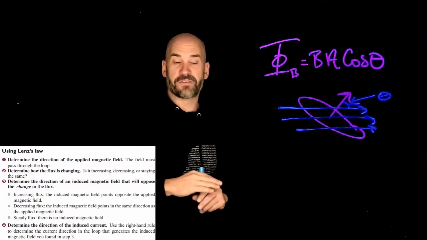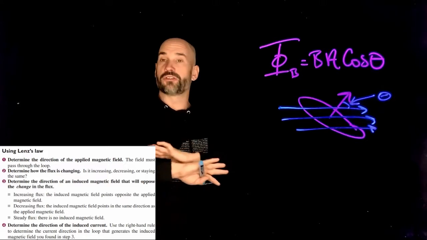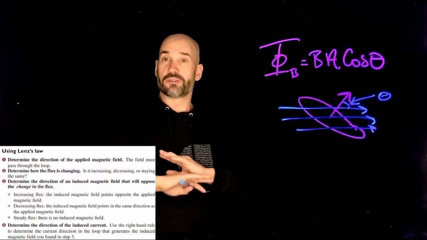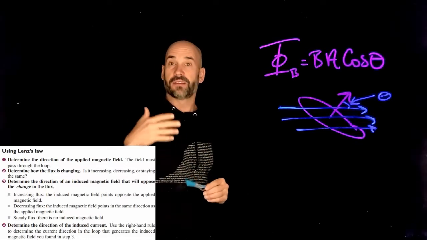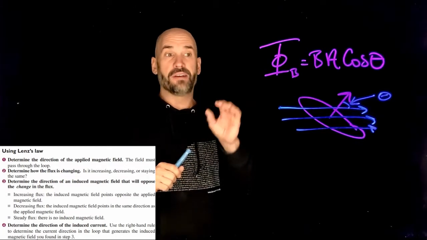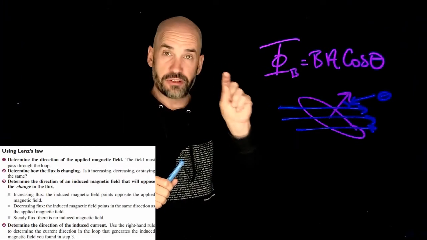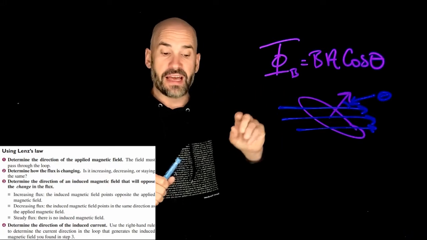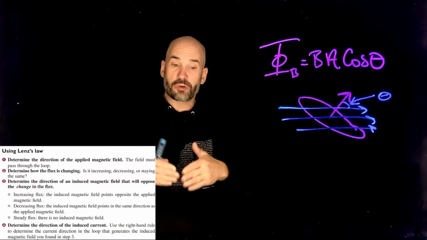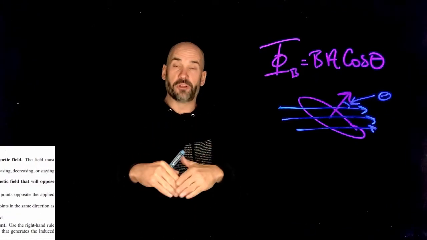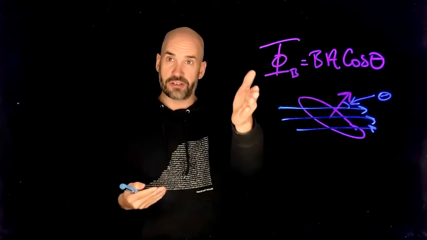And if there's ever a steady flux, there's no induced magnetic field, there's no induced current. Lastly, step four is based on what direction of the induced magnetic field you want. That's going to determine the direction of the induced current that creates that field, in other words, the field that opposes the change in flux.